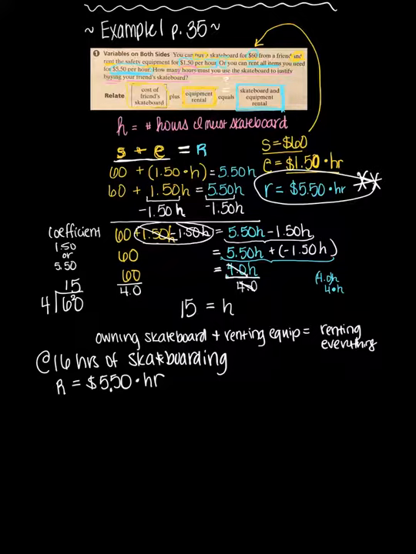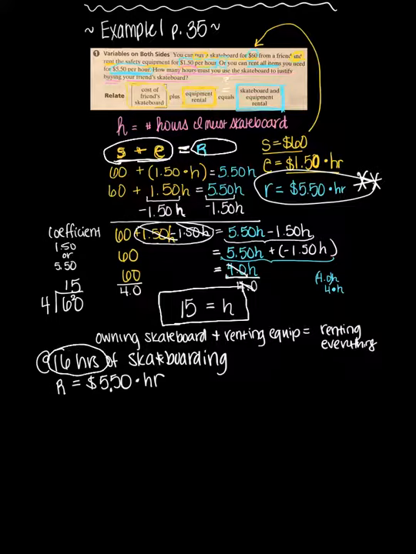I said that 15 hours was my break-even point. At this point, owning and renting just the equipment equals the cost of renting everything. So what happens at 16 hours? The cost of renting everything becomes $5.50 times 16. If you end up doing that math, you're going to get $88.